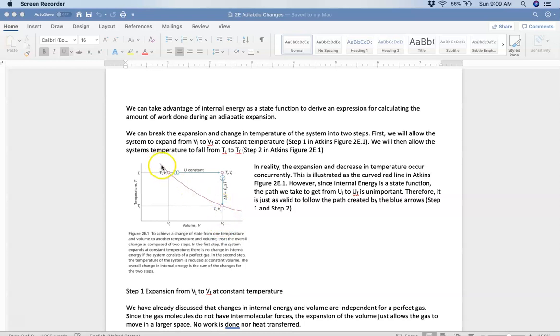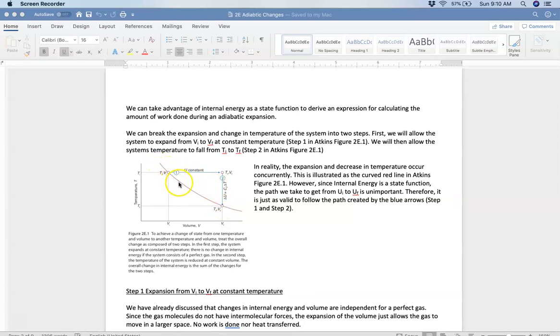What we see here on this red line is what you observe in real life. Both change at the same time, which makes it difficult to calculate because we have two variables changing concurrently. But because internal energy is a state function, it's independent of path. So all we care about is the internal energy of where we started and the internal energy of where we ended. So what we can do is break this into two steps.